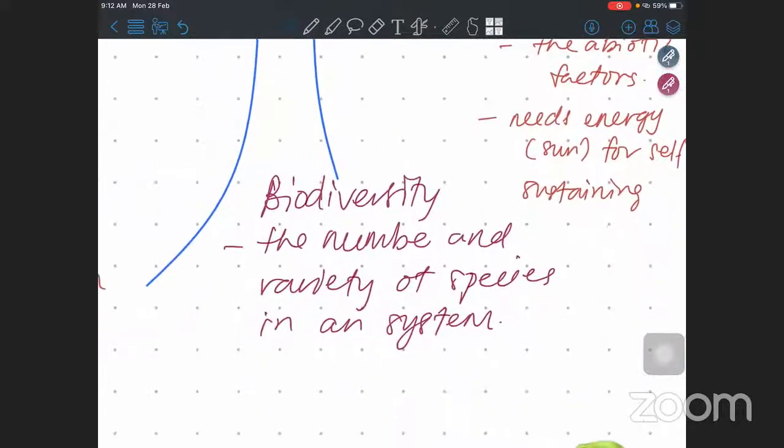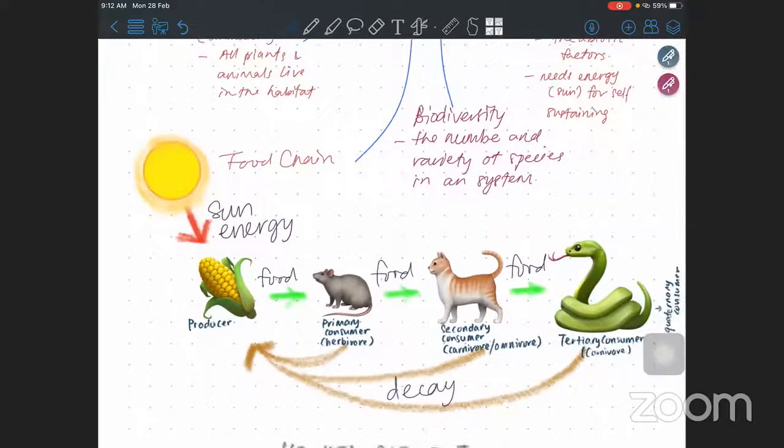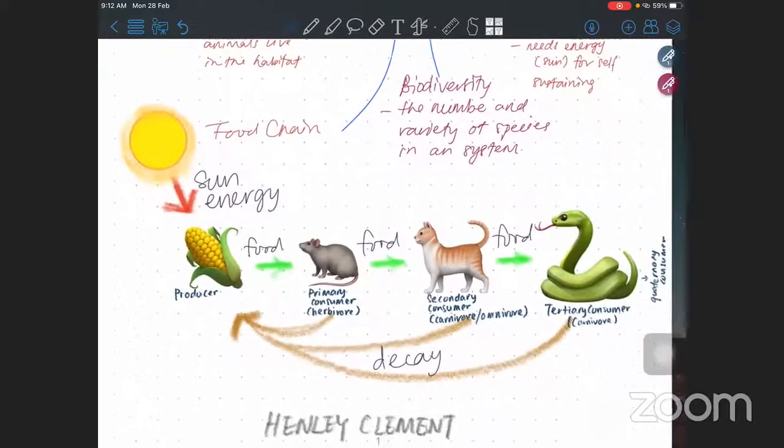We also need to learn about biodiversity. You may read more on biodiversity because this is related to the number and the variety of the species in the system.